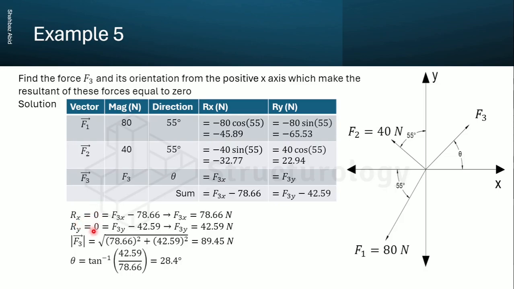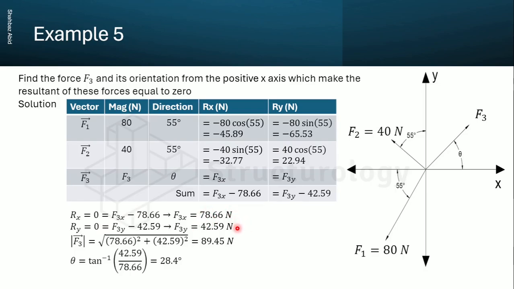So we have the left hand side equal to 0 and the right hand side is basically the x component F3x minus 78.66 and the y component F3y minus 42.59. We have on the left side equal to 0, so we can just get the F3x and then the F3y.